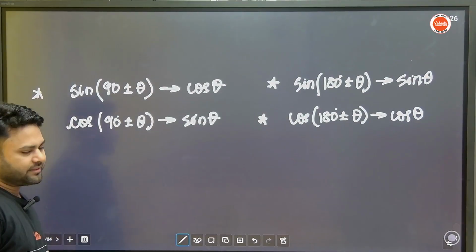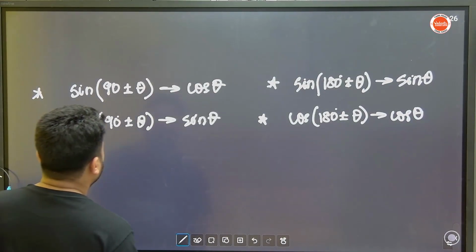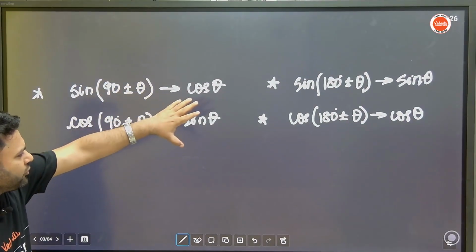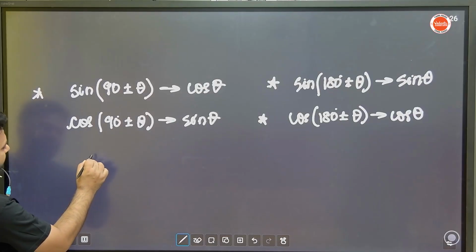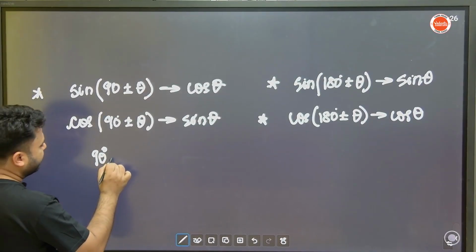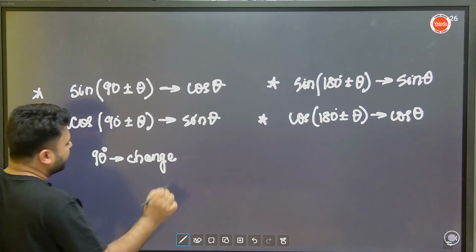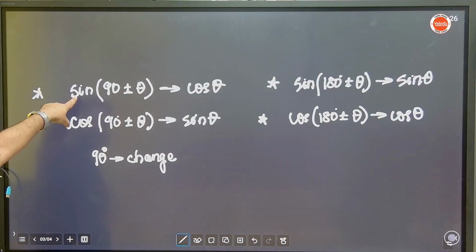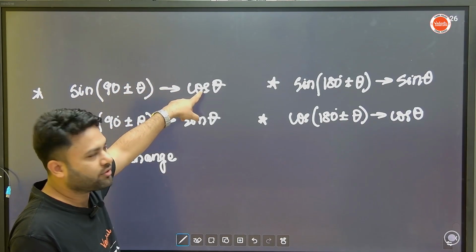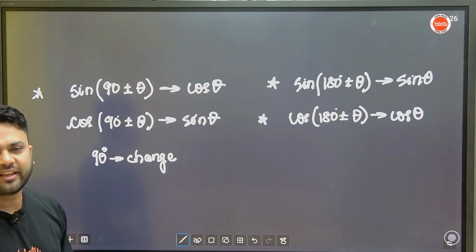Now what are these things? Always remember, from all these formulas, if we have involvement of 90 degree, there is a change. It means if sine is there and there is involvement of 90 degree, sine will be converted to cos. Similarly, cos will be converted to sine.